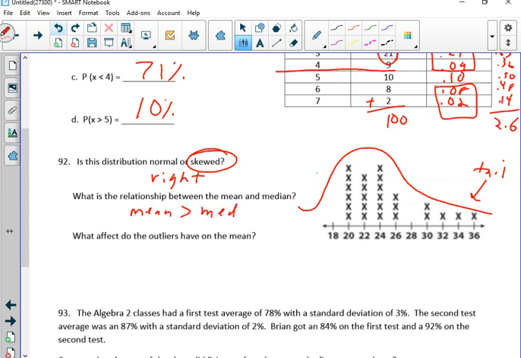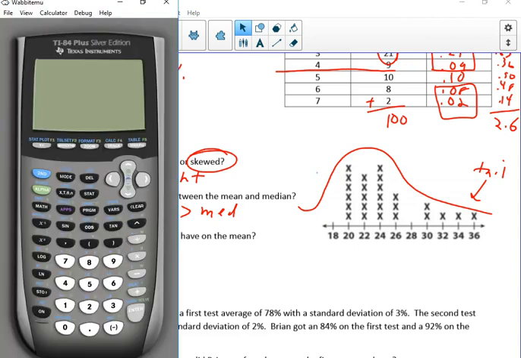Now, if you can't remember that, but you have time, on one question like this, you can real quickly go into stat, edit, and put these numbers in real quick. So you have how many 20s? 1, 2, 3, 4, 5, 6. You have 6 20s.